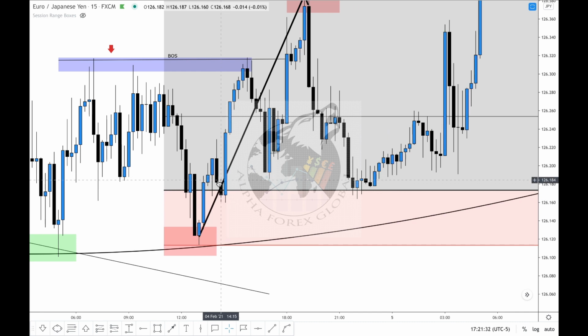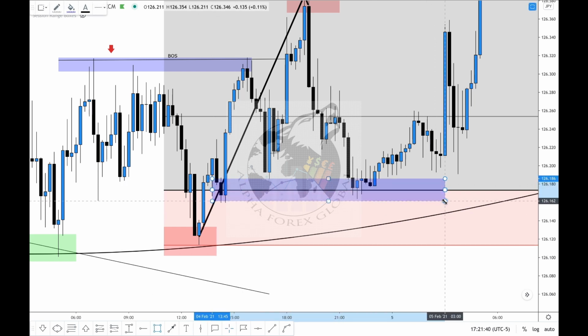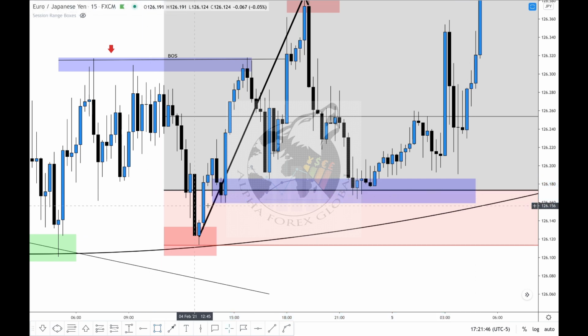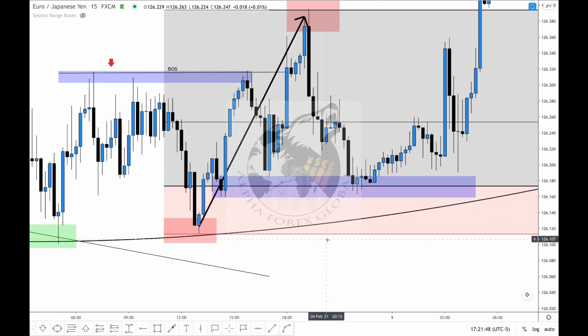So here we have this order block. This candle is basically 3 times this candle here, so this is a valid order block. And I know I can go down to a lower time frame to get keener entries, right?